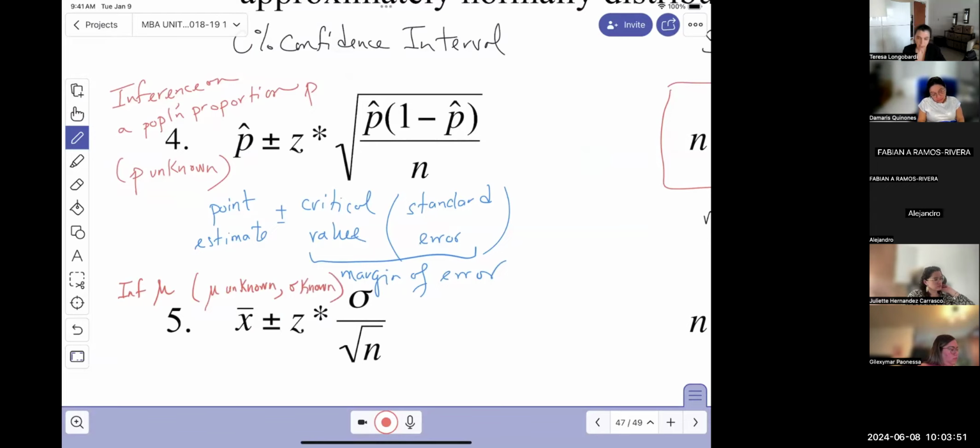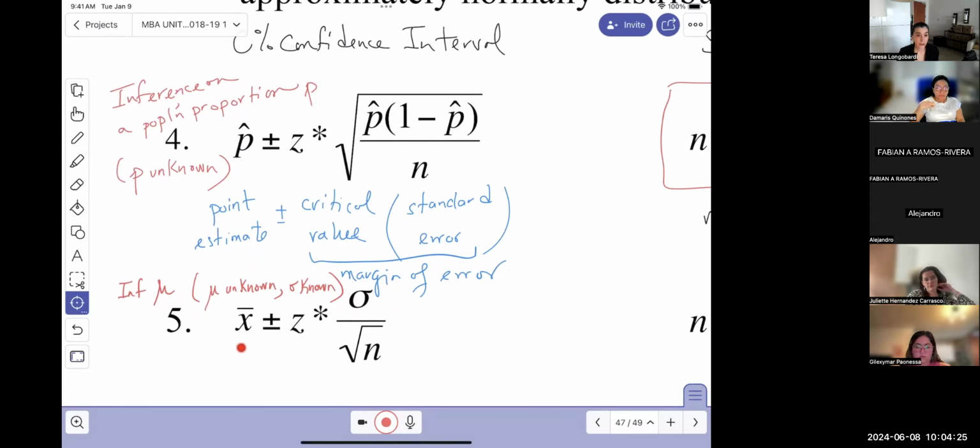Now that's a little bit of a stretch. If I don't know something about the characteristics of a population mean, why should I know the characteristic of the standard deviation? But that's where we begin, okay? So let's say we know sigma, then just like I built a confidence interval for the proportion up here, I'm going to do the same thing. The best point estimate, or what we call the unbiased estimator, of the true mean is the sample mean.